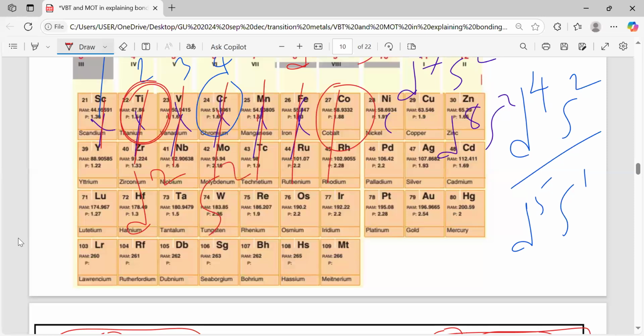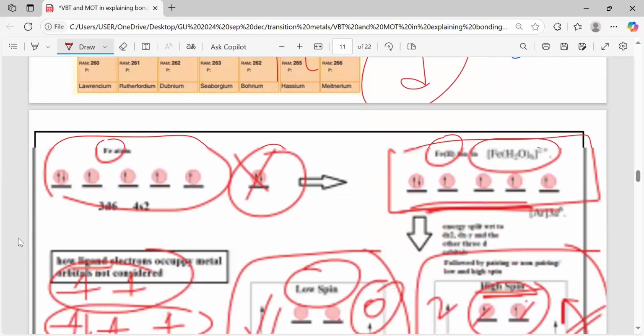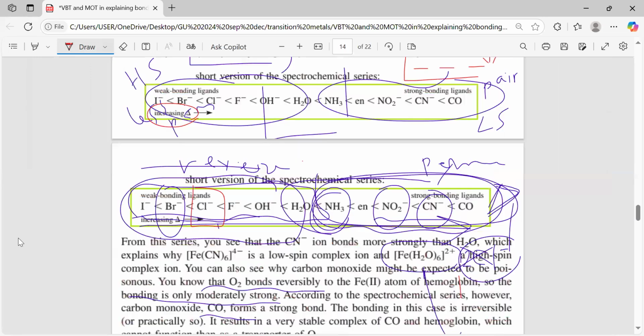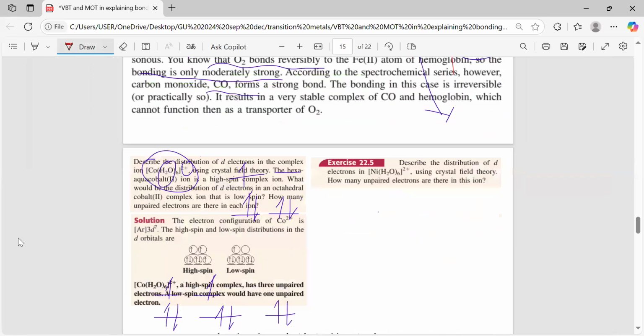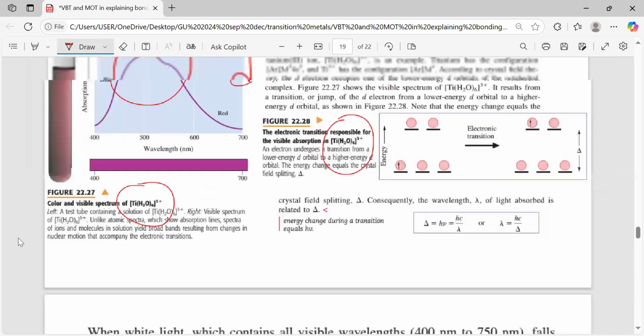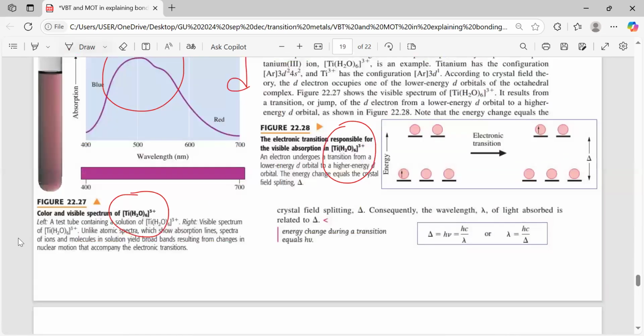And in that question of titanium, we're dealing with is titanium 3 plus, okay? So titanium 3 plus has lost those two and one of that. So titanium 3 plus is basically a D1, okay? After losing those 3 electrons. And that's why you can see in that orbital diagram that we had already started looking at, it has only one electron, okay? That's why it is just one electron here.